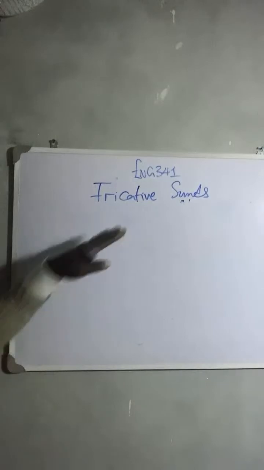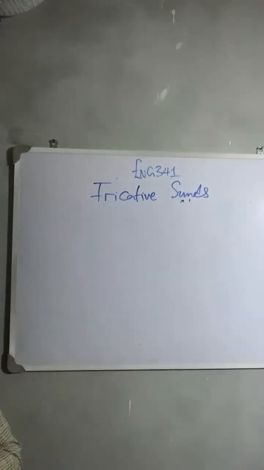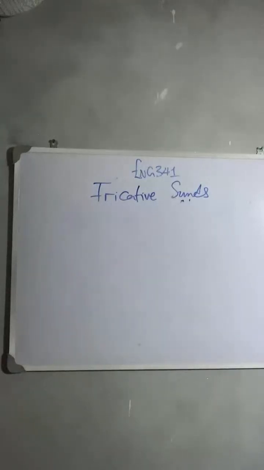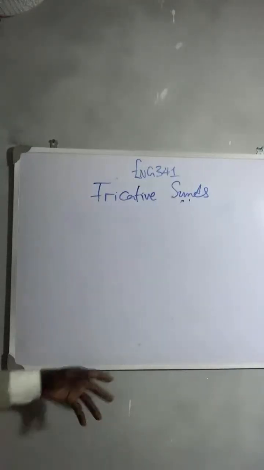So we have the fricative sound, and just like I said earlier, the stoppage involved in the production of affricate sounds and the plosive sounds is the reverse in the production of fricative sounds.